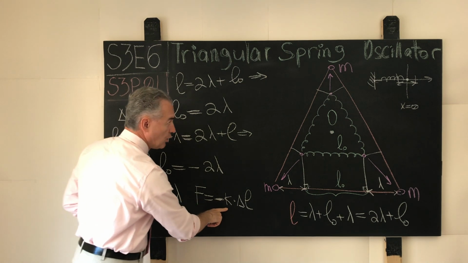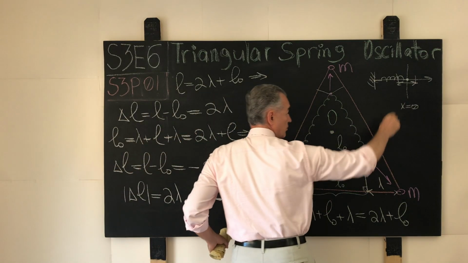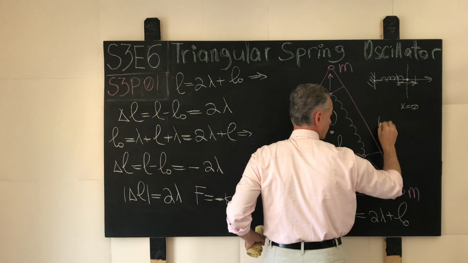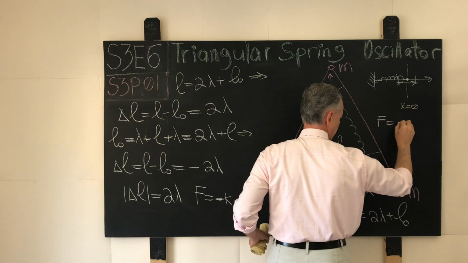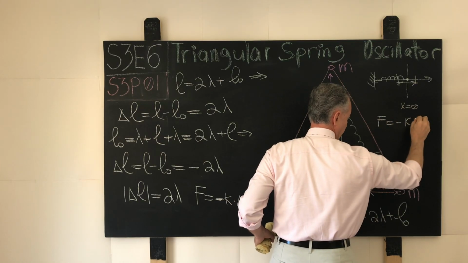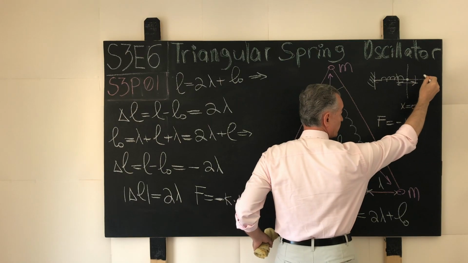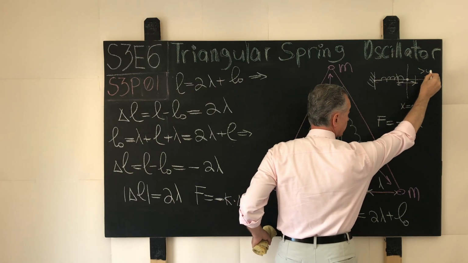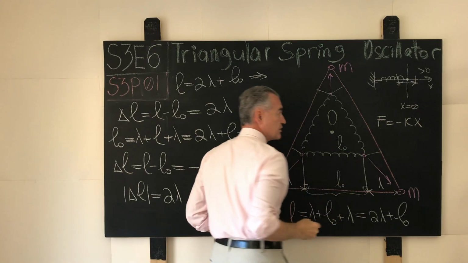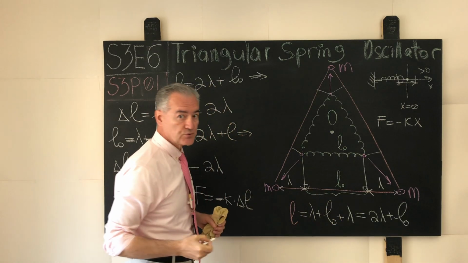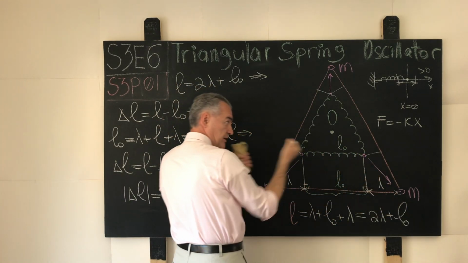For example, in this respect we will write it as follows, minus kx. So this way, when x is greater than zero, then this force is what? Is also negative. It wants to bring it back.